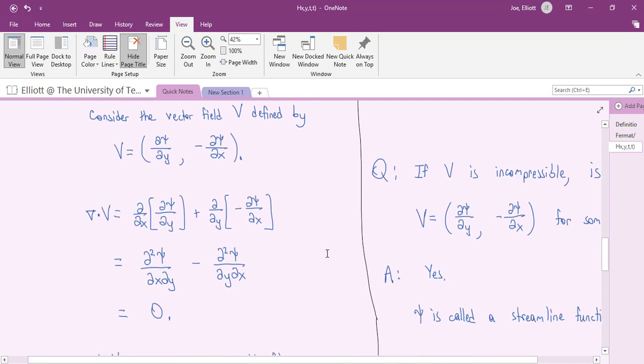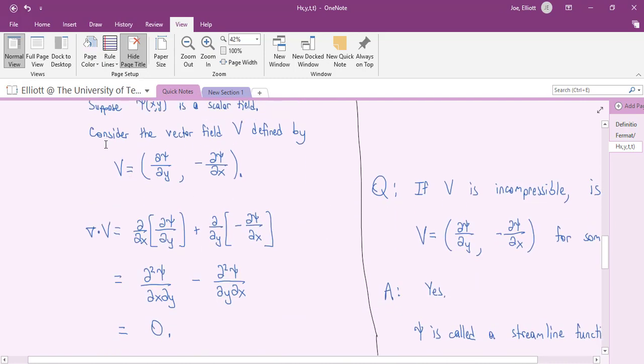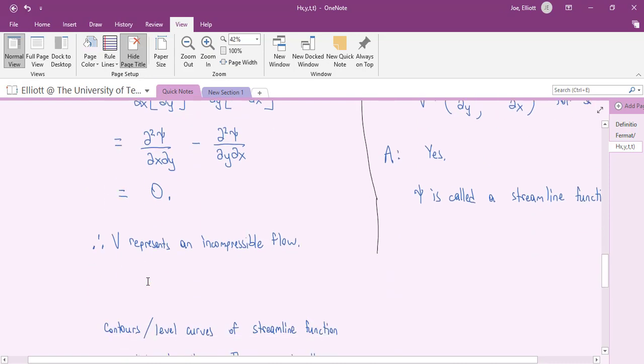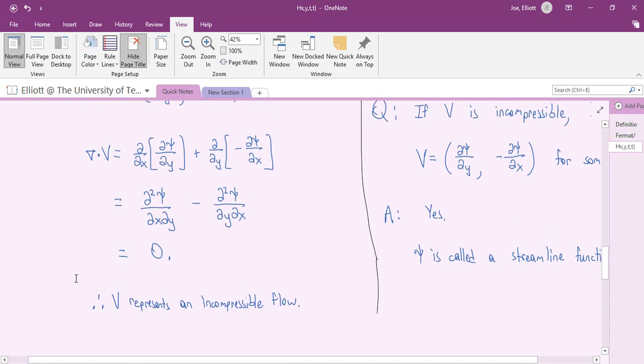And here we've proven that for a vector field defined as such, its divergence is going to be 0. So therefore, you can think of it as the velocity field of an incompressible flow.